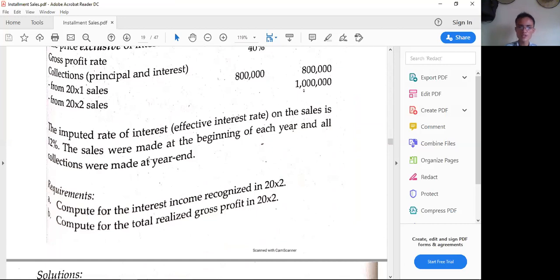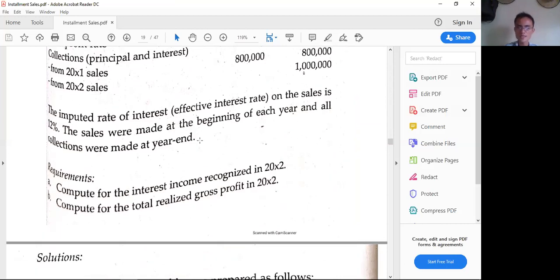The imputed rate of interest is the so-called imputed or effective, meaning the prevailing market rate of interest at that time. So there's in fact even an author saying that if the problem is silent, meaning no mention of the rate, we assume it is at 12%. Unless we can extract the rate. That's also an exception. But then if no mention, really, we cannot really determine, so at 12%.